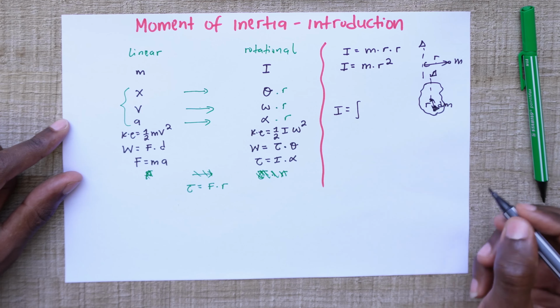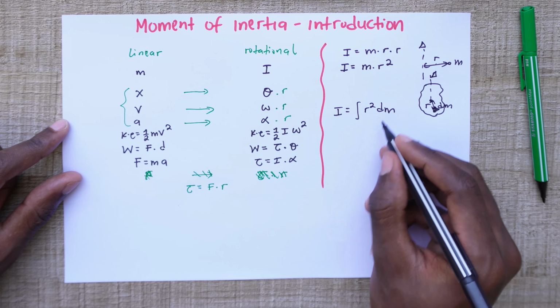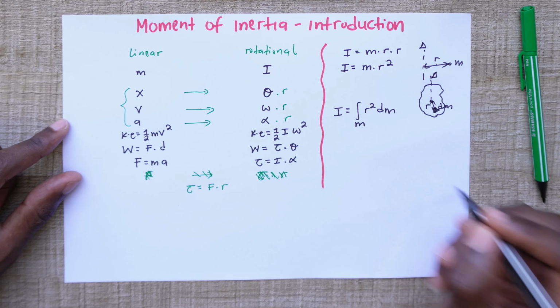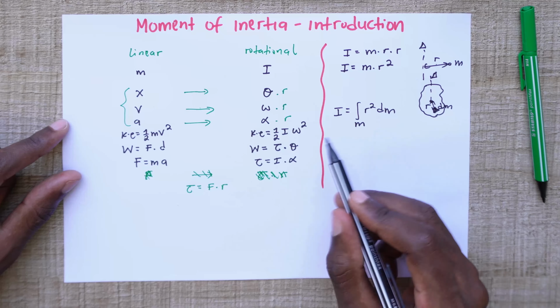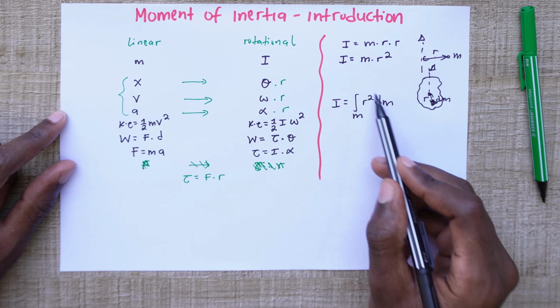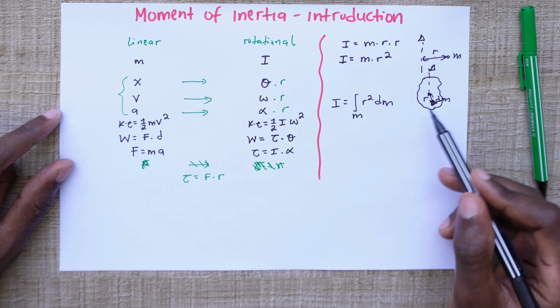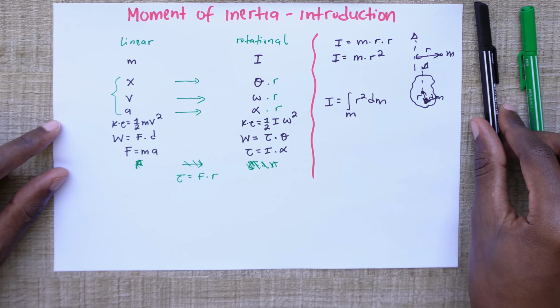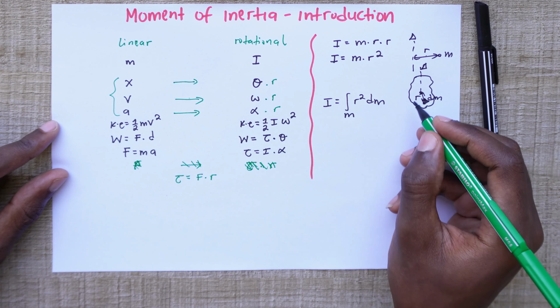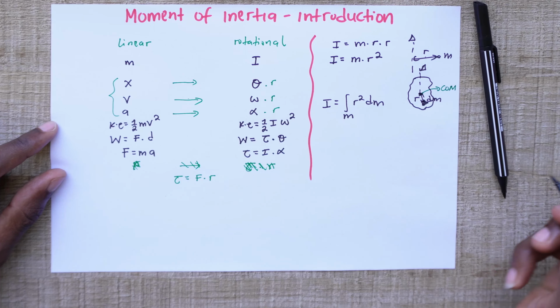So suppose this is r, then you're going to have r squared times the mass dm, and then you integrate over m, in order to get the moment of inertia of the mass distribution. So in principle, when we do this, we are calculating the moment of inertia of the mass distribution about its center of mass. For example, this point that I indicated here is usually the center of mass.